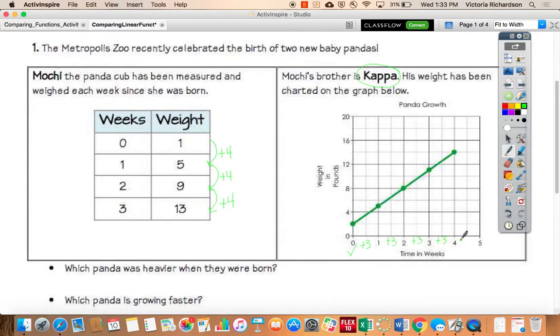And since it's a straight line, we know that it's going to continue to increase by 3 pounds every single week. So therefore, Kappa increased by 3 pounds a week, and Mochi increased by 4 pounds a week. So that means Mochi is growing faster. So the first answer was Kappa, and the second is Mochi.